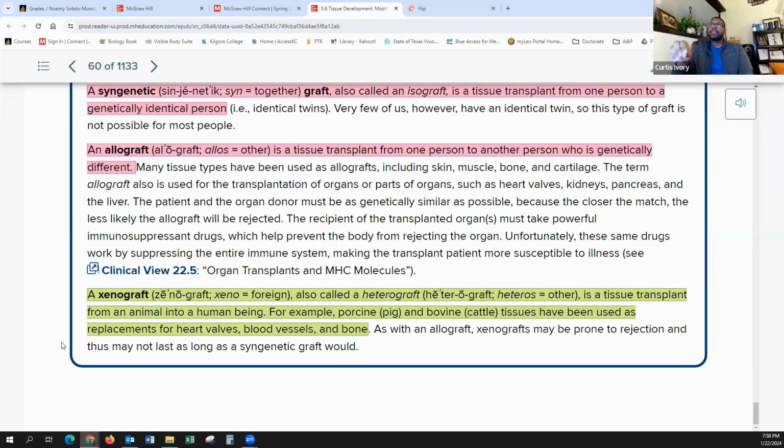I know some things, like if you've ever torn your ACL, they can actually take that from an animal or even a different part of you and replace it so that it can heal. Because remember that cartilage is usually avascular, which means that it does not have a direct blood supply.